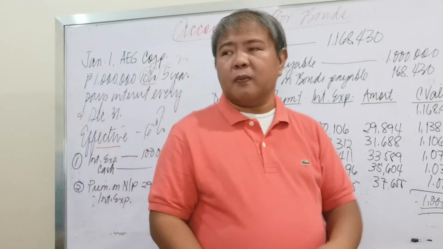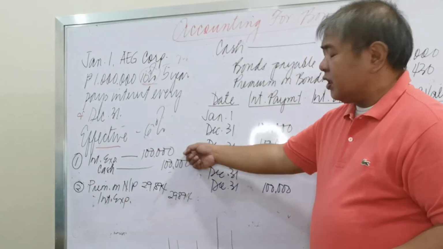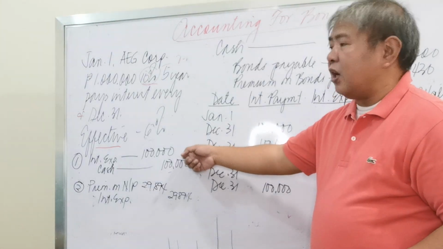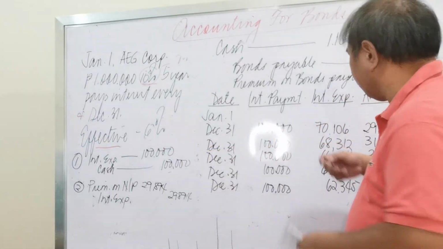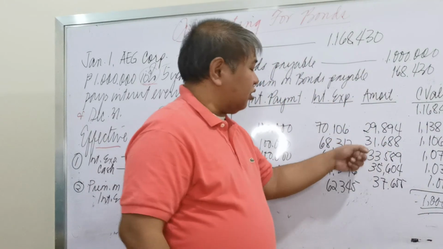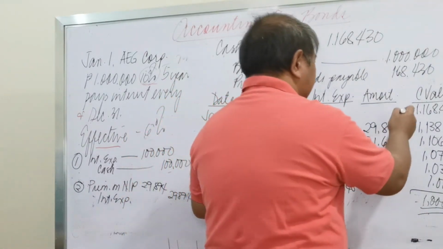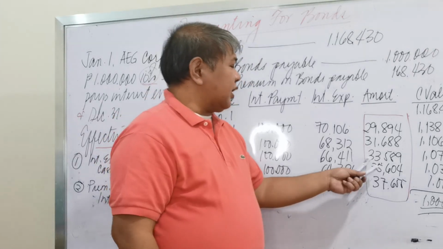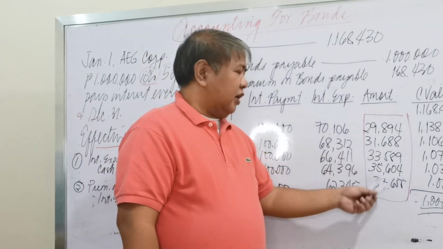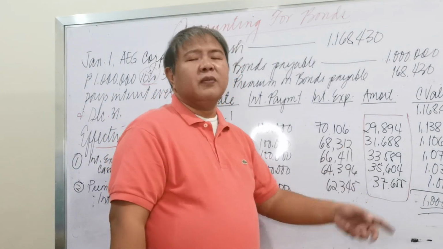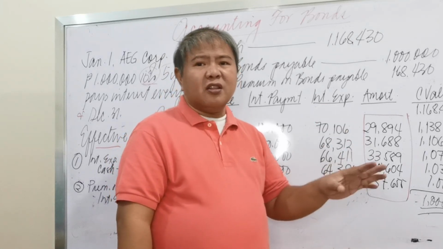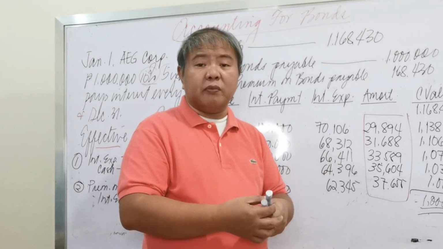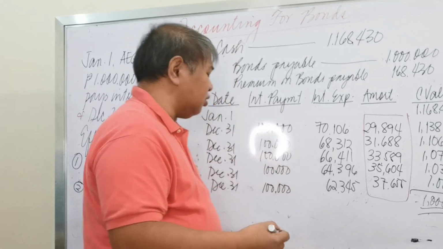So every year, this one will be recorded, 100,000 payment of interest, and of course, this amortization. So instead of 29, the following year, that's going to be 31,688, 23,589, and down.